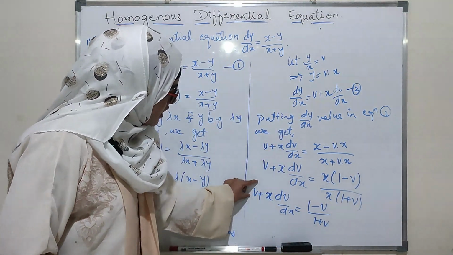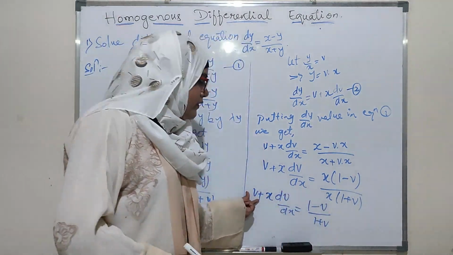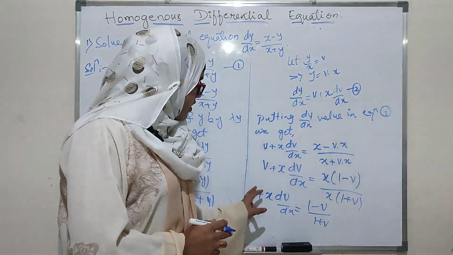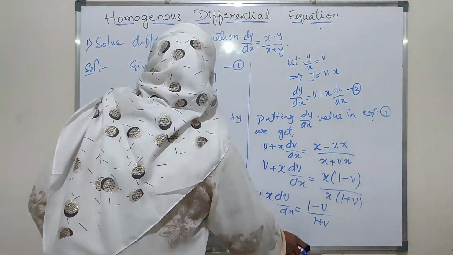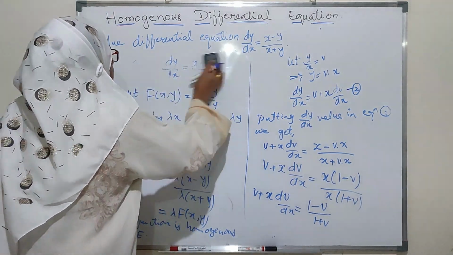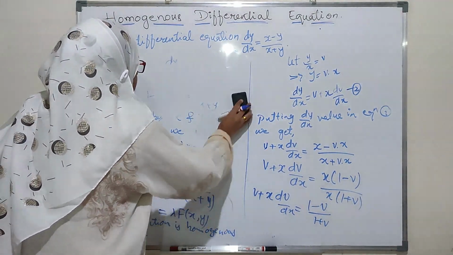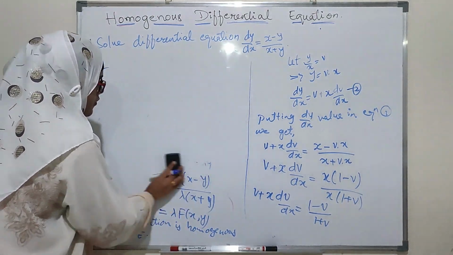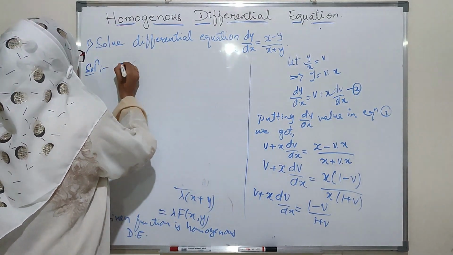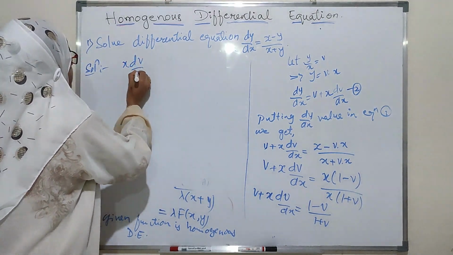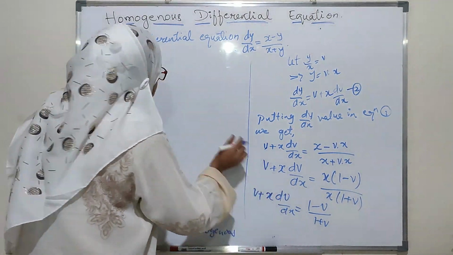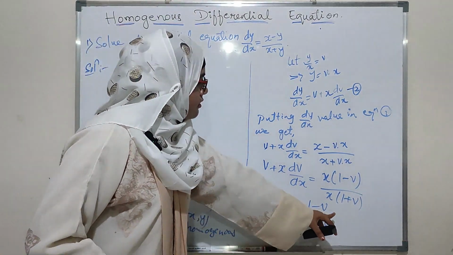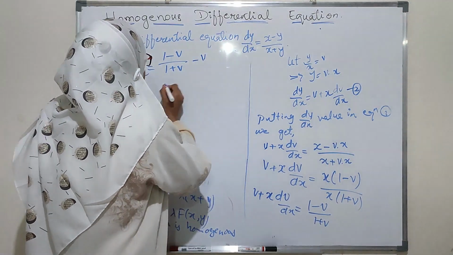Now I am taking this v, which is plus on the LHS, and shifting it, so it will become minus. So x dv by dx is equal to 1 minus v divided by 1 plus v, and this v becomes minus v.